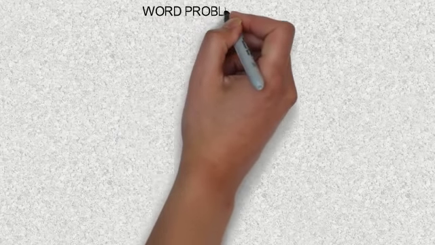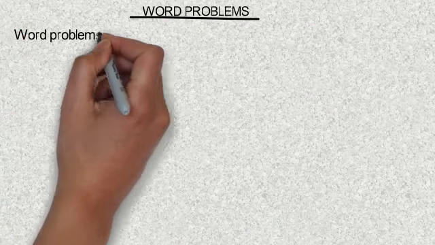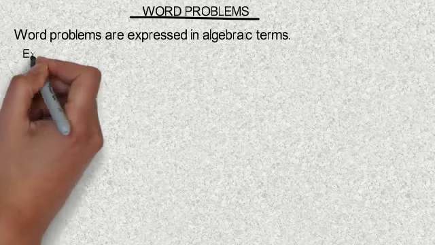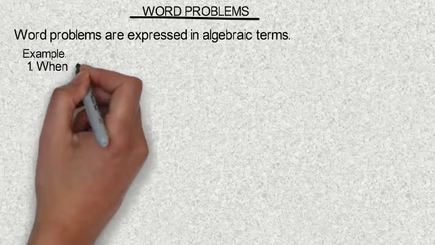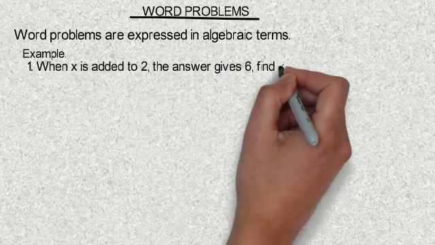So let's move on to solving word problems. What do I mean by word problems? Word problems are expressed in algebraic terms. That is, you can express your word problems in algebraic terms. Let's express the following in algebraic terms and solve it. Number 1, it says when x is added to 2, the answer gives 6.